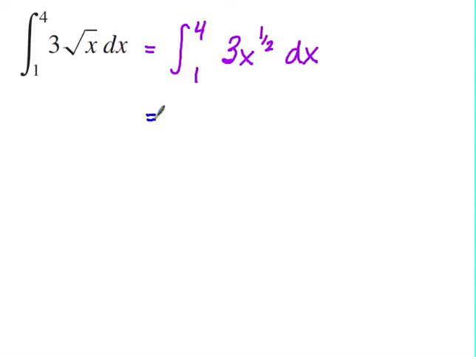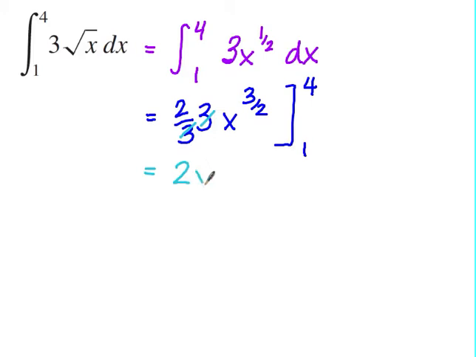If we add 1 to the exponent, we get x to the 3/2, and then I take that times 2/3. Then I'm going to evaluate that from 1 to 4. Let's go ahead and cancel our 3's. So really I have 2x to the 3/2, evaluated from 1 to 4.